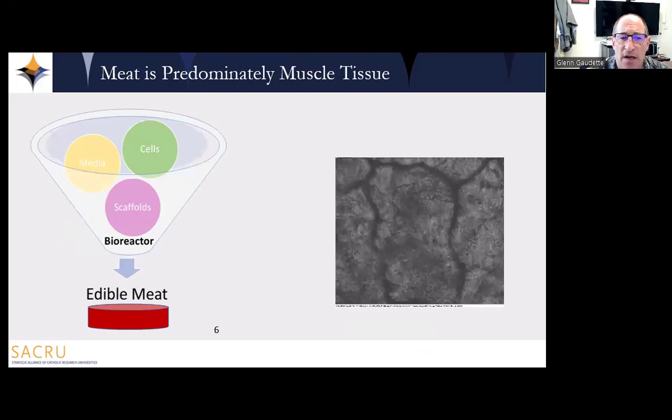If you look on the right here, you'll see hopefully some movement. Those are actually cells that are contracting. When you look at that movement, those are muscle cells that are actually contracting. And those muscle cells, in this case, were grown on top of a decellularized spinach leaf.